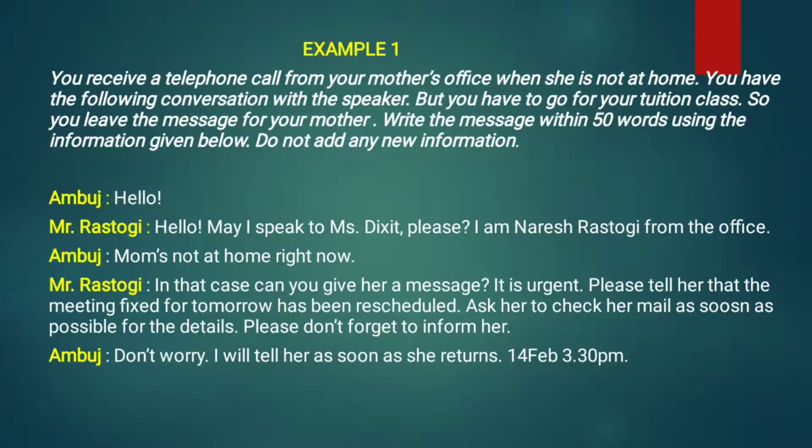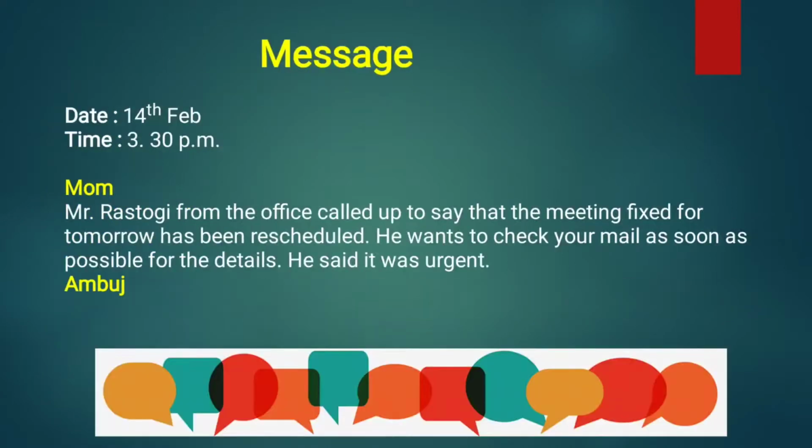Now let's draft the same message. So here it is. Date 14th February, time 3:30 p.m., and the name of that person to whom you want to give the message, that is Mom.